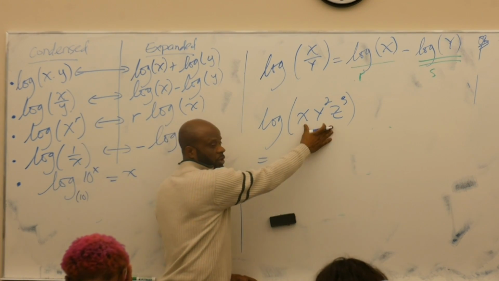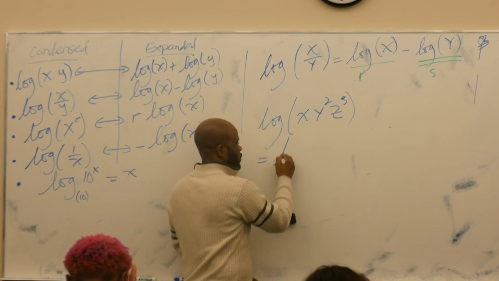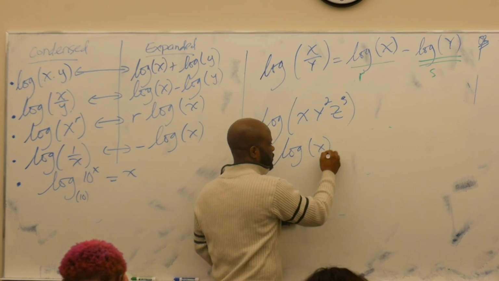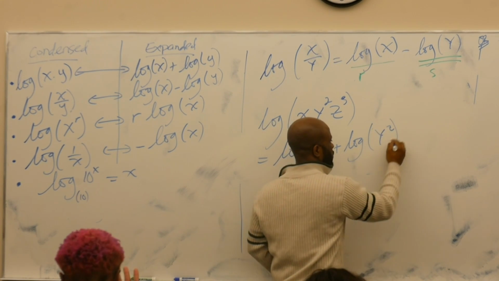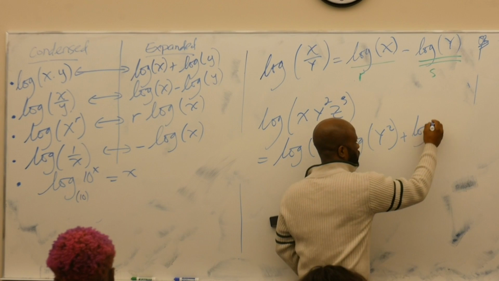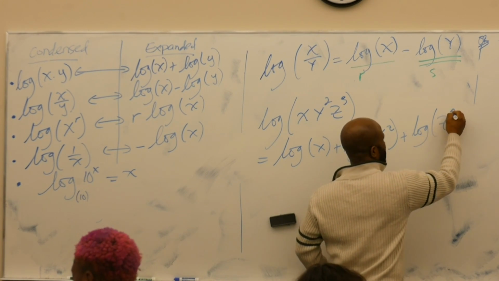So we agree that this is multiplication, right? So the log of X plus the log of Y squared plus the log of Z cubed.